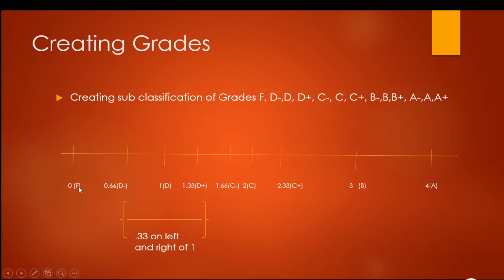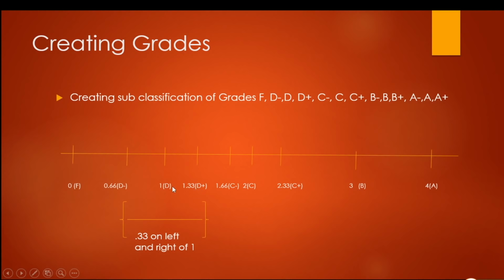See, what we have done is we have put F at 0, we have put D at 1. Now we are moving 0.33 on the left of D, so we get 0.66, we associate D minus. And similarly we move on the right of D by 0.33 and we get 1.33 and we give it as D plus.